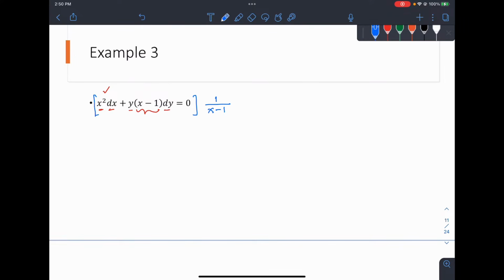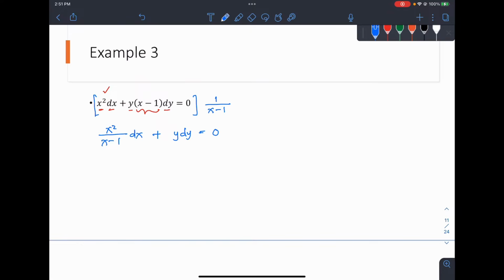Doing so would give us x squared over x minus 1 dx, plus y, so x minus 1 will be cancelled out, dy is equal to 0. As you can see here, x and y are both at the left hand side of the equation, but both are separated by an operation, which is an addition.